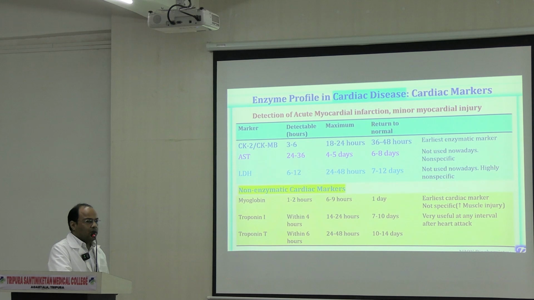In case of myocardial injury, heart attack, acute myocardial injury. Remember, acute myocardial injury is a medical emergency.